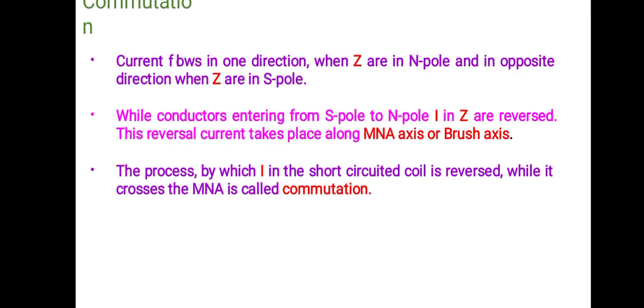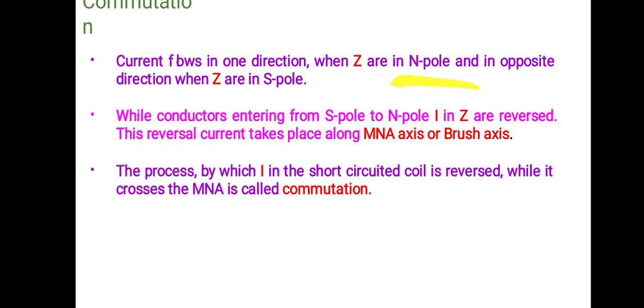So current flows in one direction when the number of conductors Z are under the N pole, that is the north pole, and in the opposite direction when the same conductors are under the S pole. The armature is rotating, and the conductors are placed in the armature as a winding. So when it is rotating, it is crossing the north pole and the south pole.